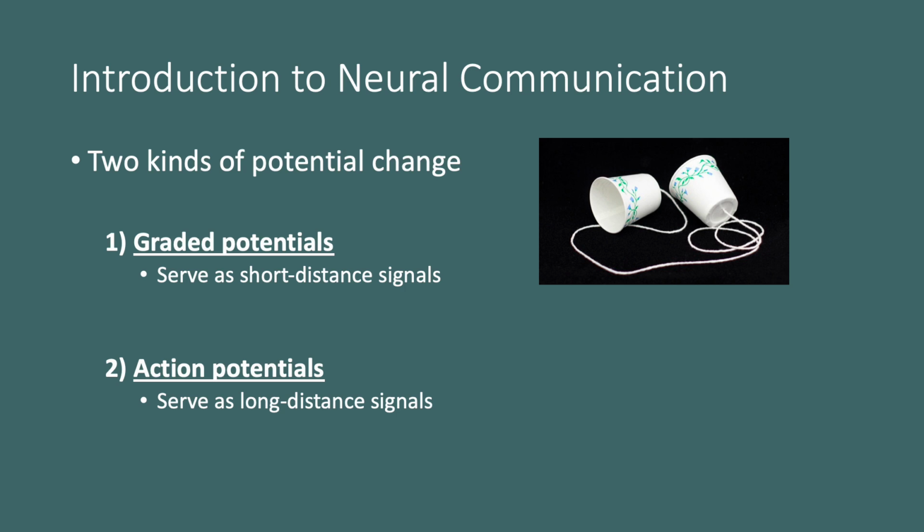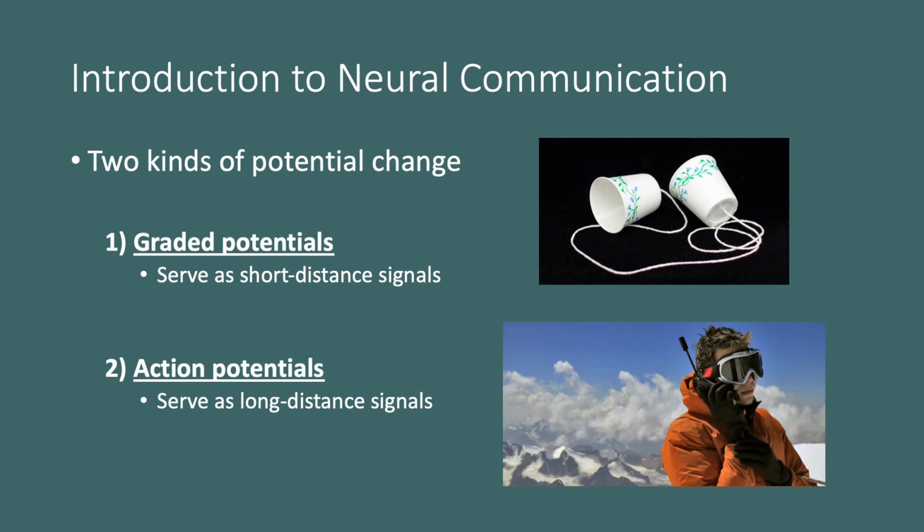They start at the trigger zone, and then move through the conducting and secretory regions of the neuron, and they're associated with the opening of voltage-gated channels, not chemically gated channels. Okay, so again, we are going to focus today on graded potentials and the receptive area of the neuron.